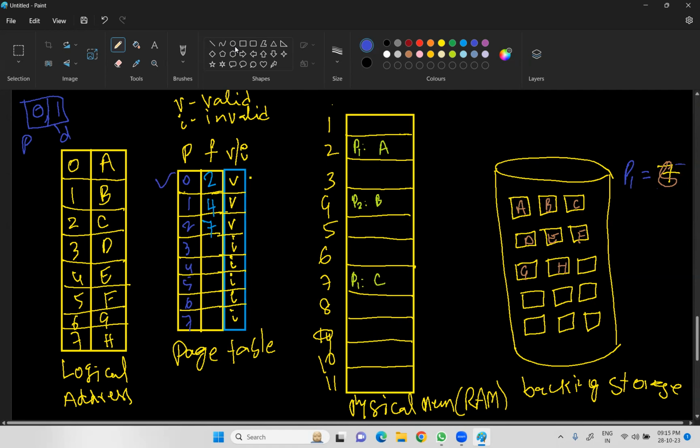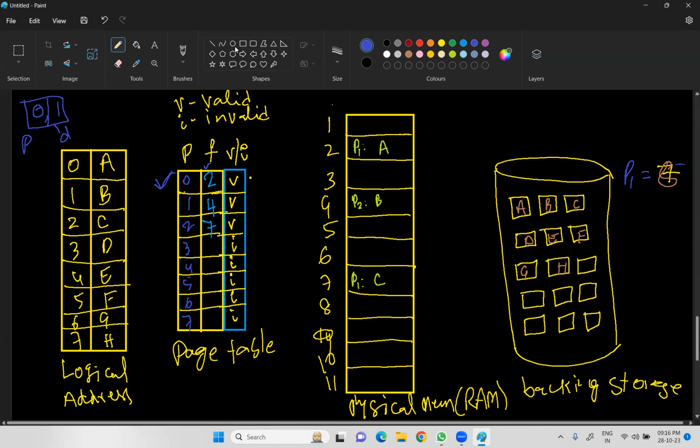Against the 0th page, has any frame been filled? Yes, it is filled. Against the page number and frame, was it valid? Yes, it is valid. What do these three fields mean? The page number exists, the frame number is given, and the bit was set to valid. So this particular page is available at the specified frame number, which is 2.